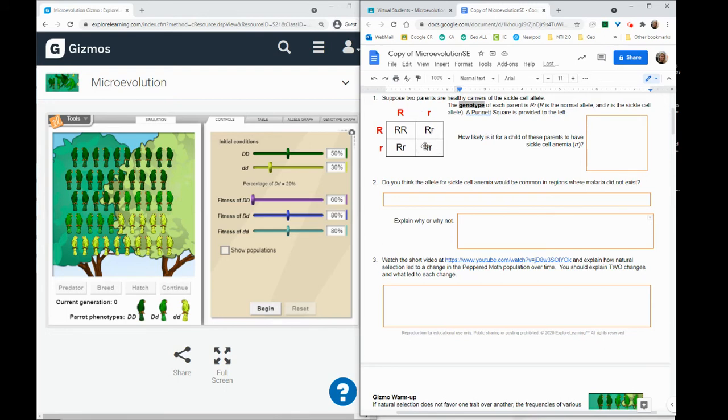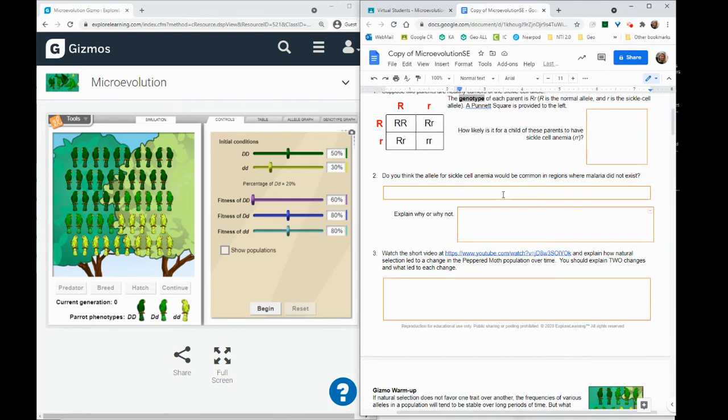And you run the risk of somebody being born with sickle cell anemia. So especially before there were modern treatments, a person with sickle cell anemia, you would expect to have a shorter life expectancy because of the health complications. So they would be less likely to live long enough to have children.